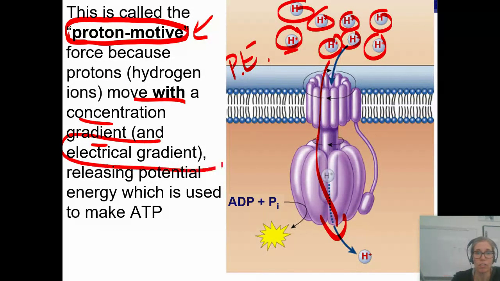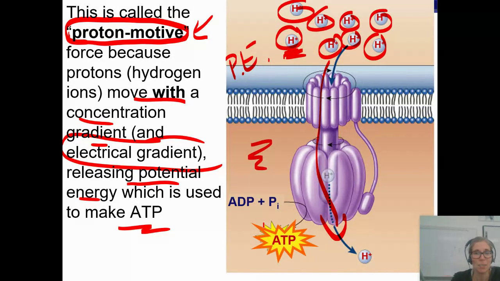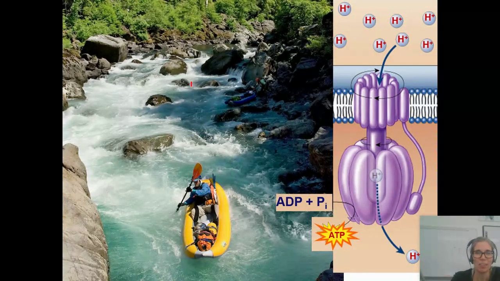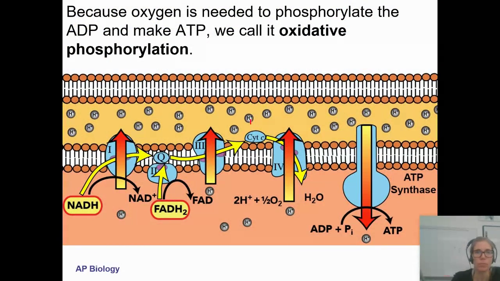It's also an electrical gradient because you have positives here and not so many here. That releases potential energy, which is then used to make ATP. Okay, so it's sort of like water, you're going downhill. Because oxygen is needed to phosphorylate the ADP to make ATP, we're going to call it oxidative phosphorylation.